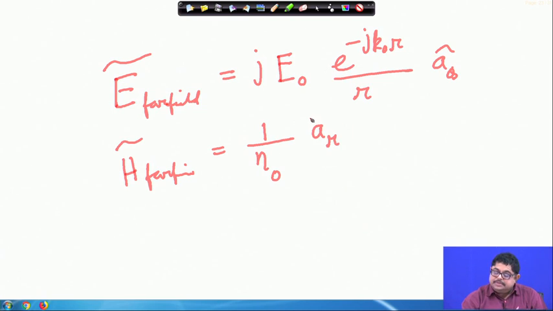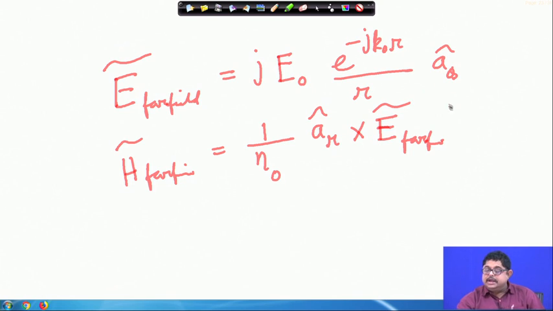You look at the expression and I can write it as E far field. You see that takes care of its direction, because it is A theta, that will be A phi. So, A r cross A theta will give me A phi, but this is a general relation.